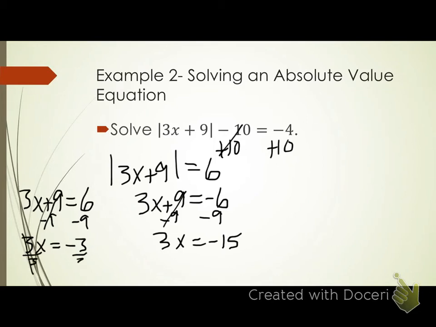Divide by 3 on both sides. Still got to get x by itself. First equation, what is -3 divided by 3? -1. Second equation, what's -15 divided by 3? -5. So my two solutions are -1 and -5.